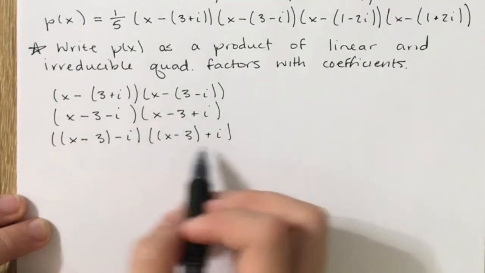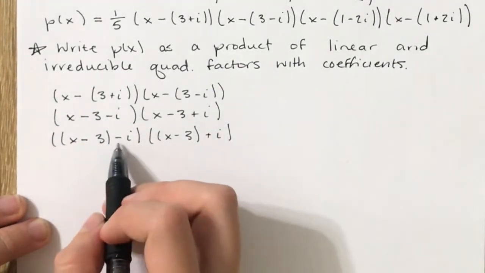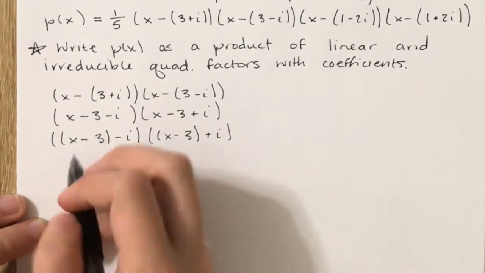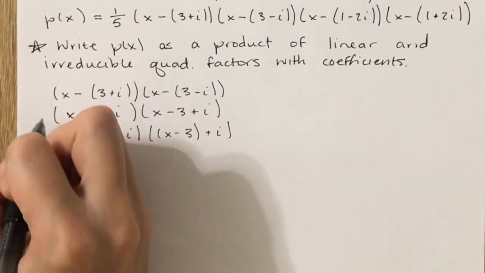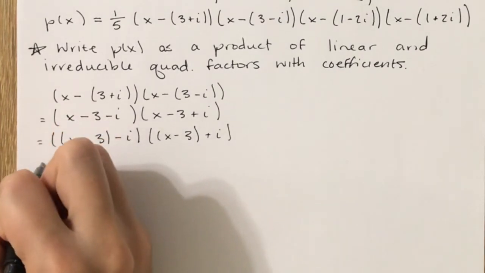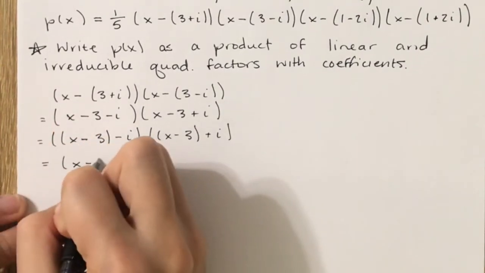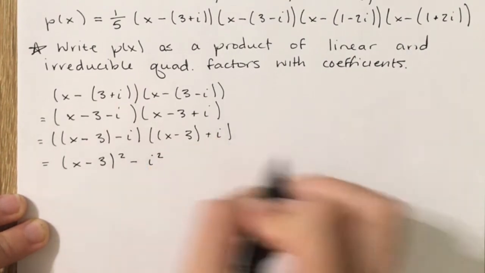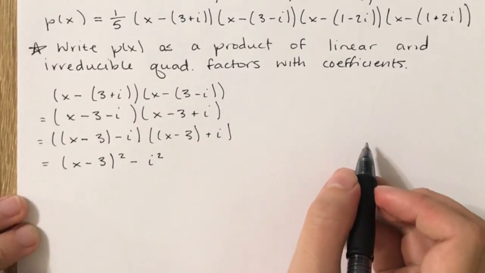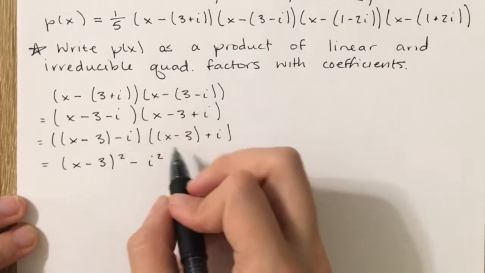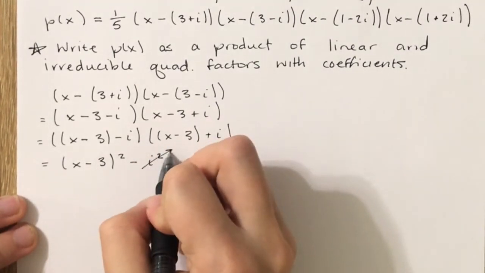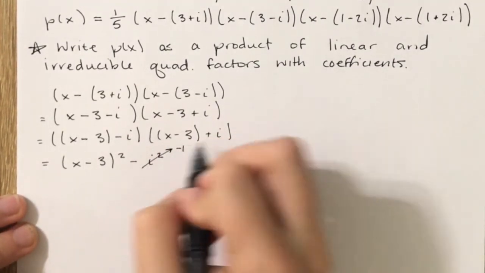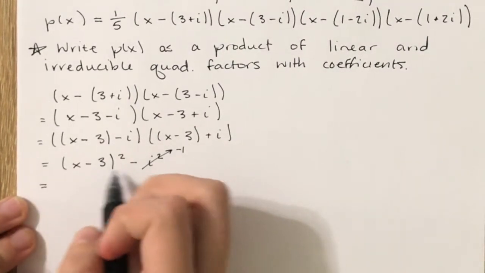And then we used the difference of squares: if we have a minus b times a plus b, it's equal to a squared minus b squared. Then we changed i squared to be negative 1, and then we FOILed out this first part.